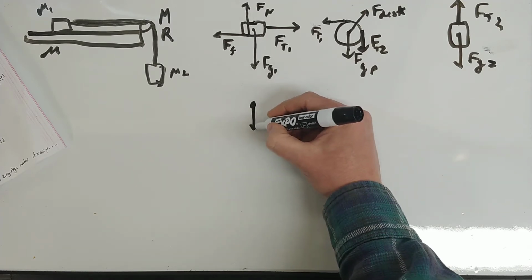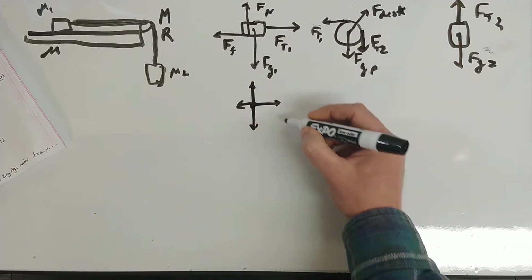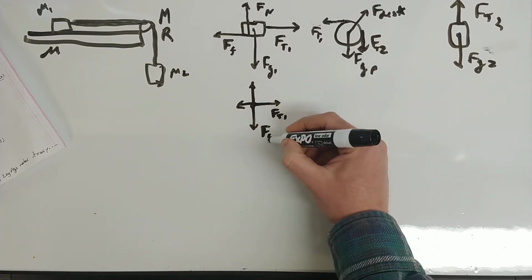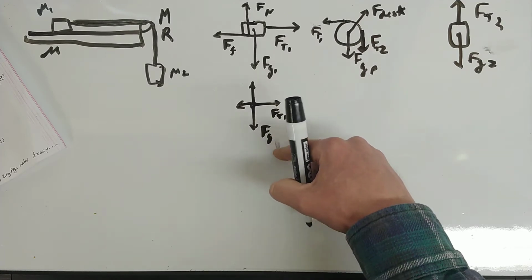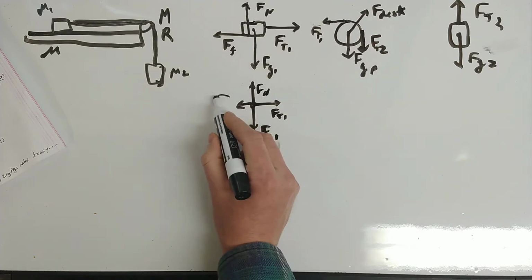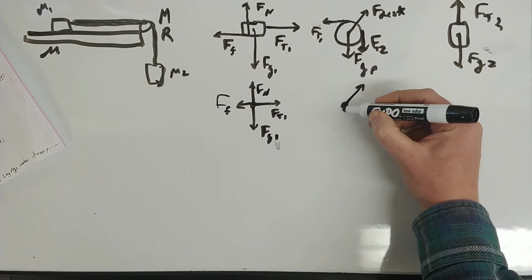And really that's probably more useful for the linearly moving objects than for the rotational one. But you can draw a free body diagram for the pulley as well.